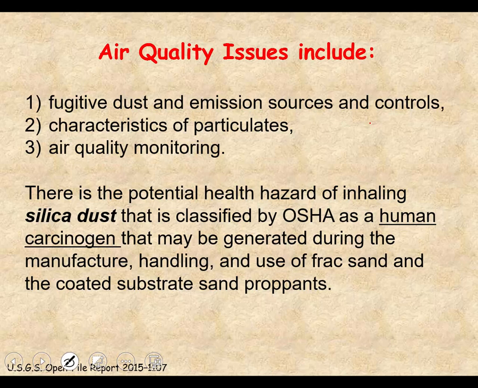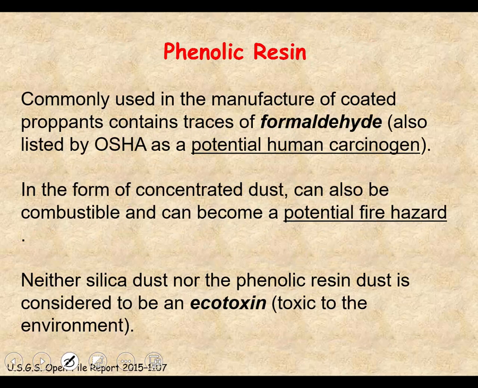The silica dust is a carcinogen, and you need to think about the manufacturing, handling, and use of it. Okay. The other thing is if you use coated propellant, you use formaldehyde, and that's a potential fire hazard as well as health hazard.